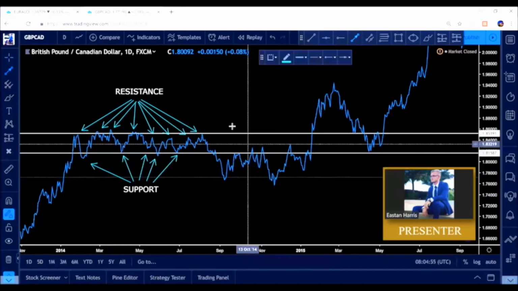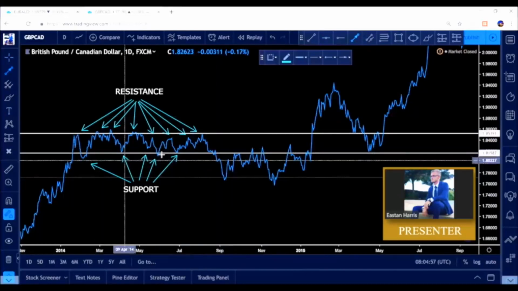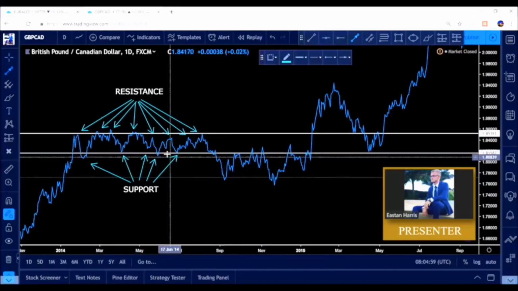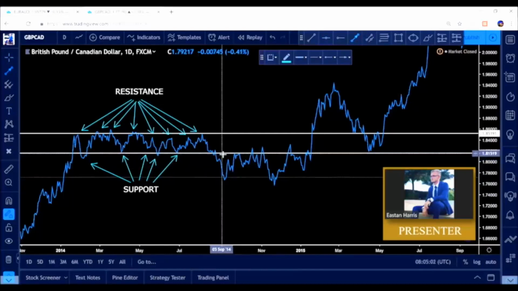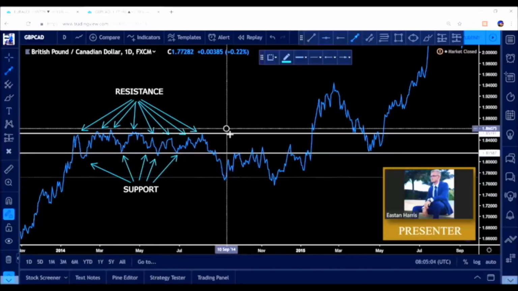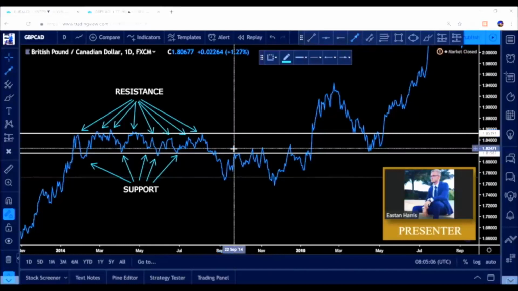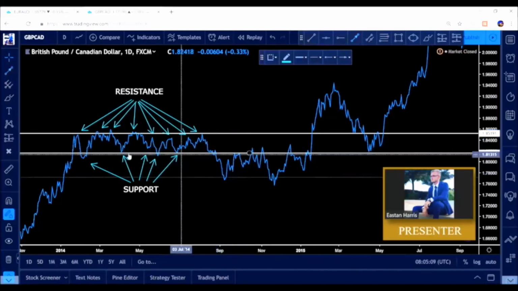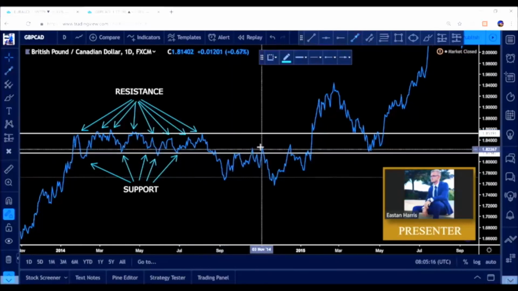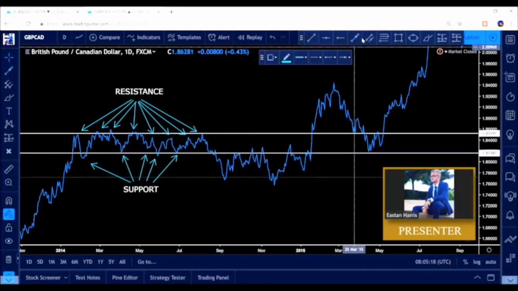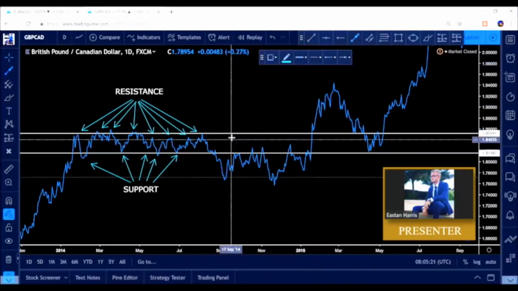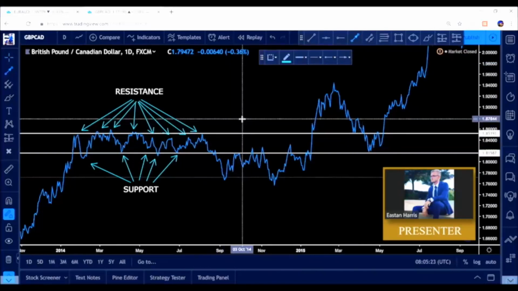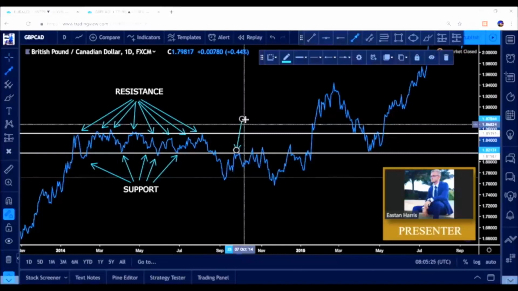But if we look over here, we can also tell that this support and resistance zone also has reactions on it from a resistance standpoint. If we look over here, we can tell that this support we have drawn along here has also acted as resistance. Okay, this is just more confluence that we have the right area marked here.